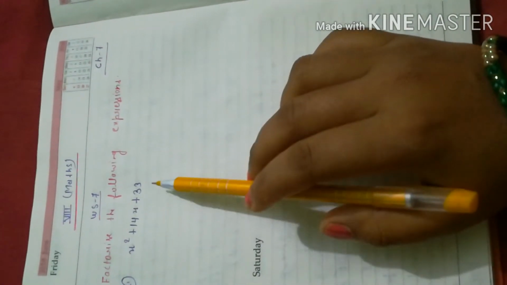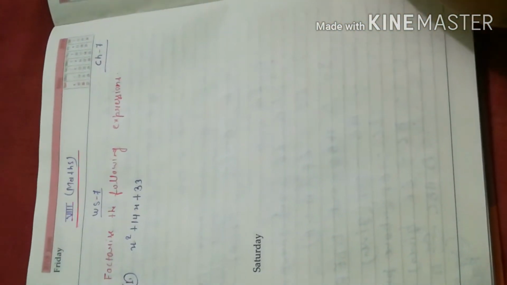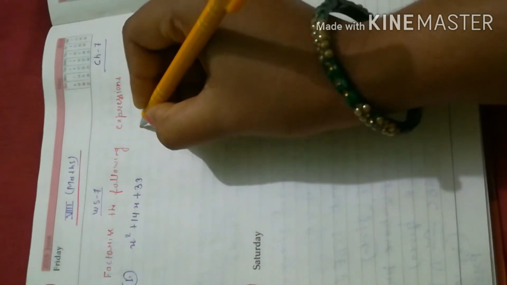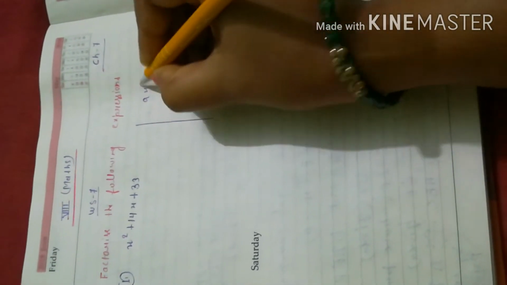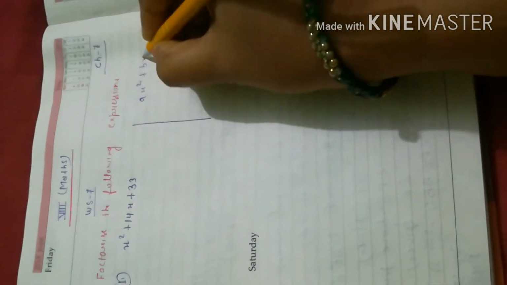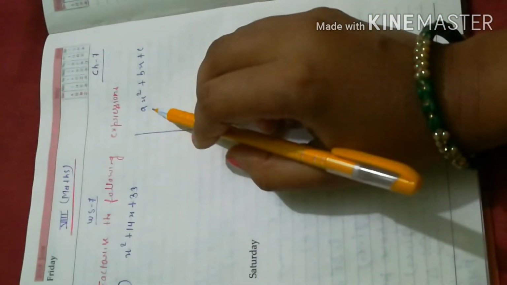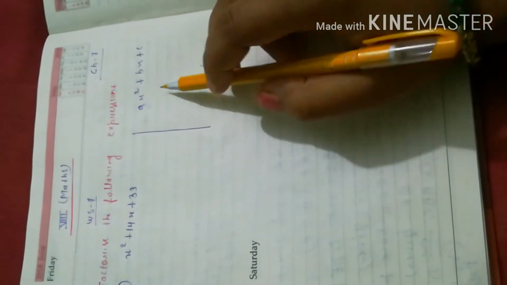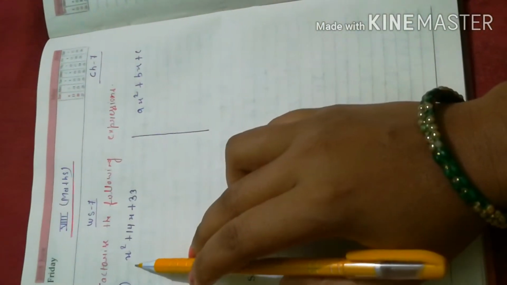How can we factorize it? At first, try to understand the concept. It is very important. Here we can see it is in the form of ax square plus bx plus c, where a, b, c are constants.